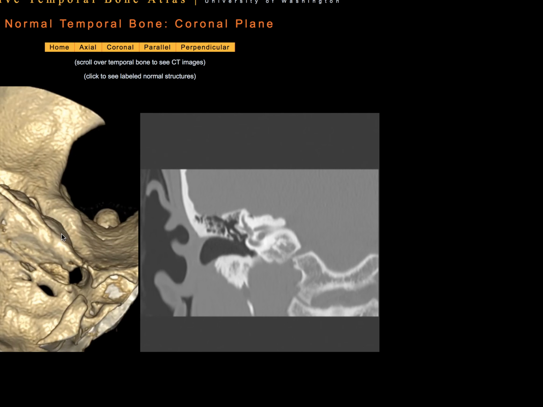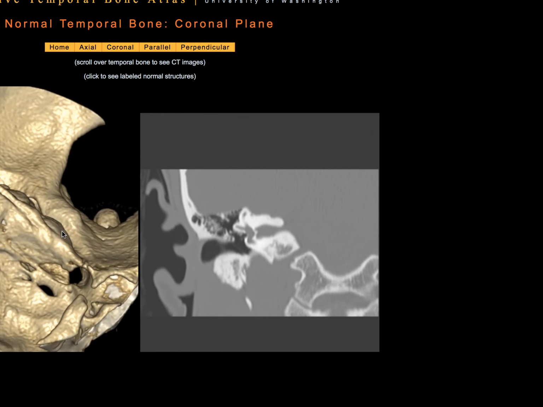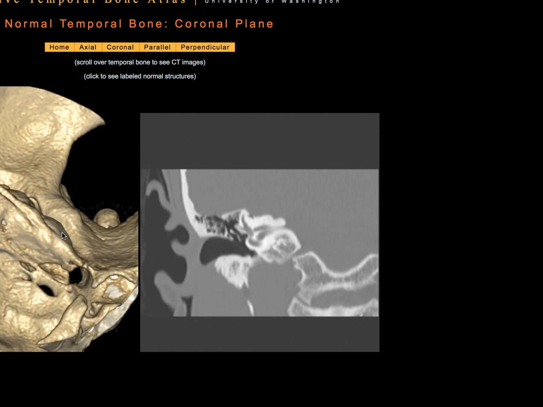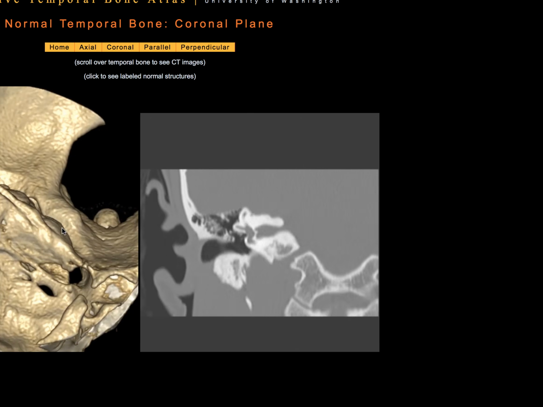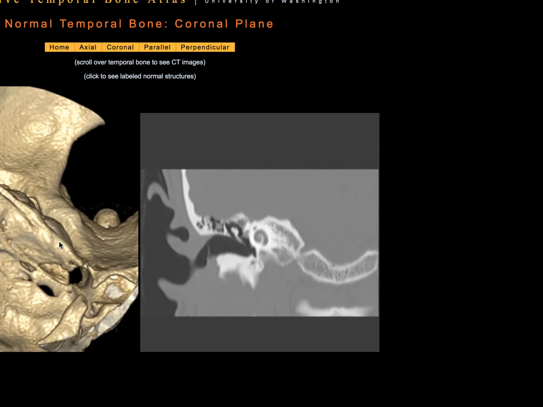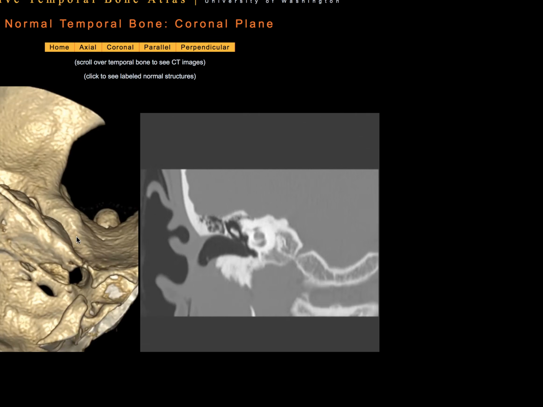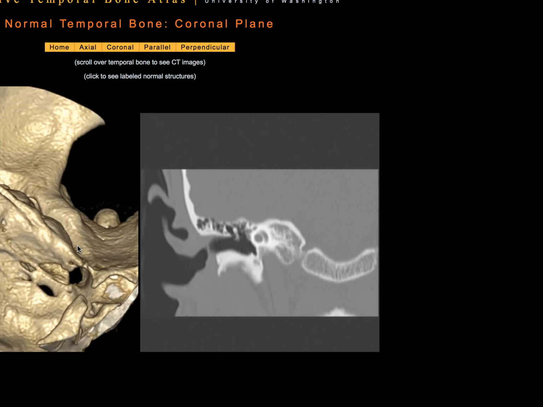This is the long process of the incus attaching to the stapes. And the stapes is attached to the oval window. Very easy, right, guys? And the external ear, the cartilaginous and the bony parts. See how easy this thing is?